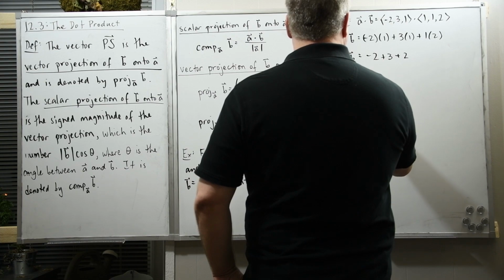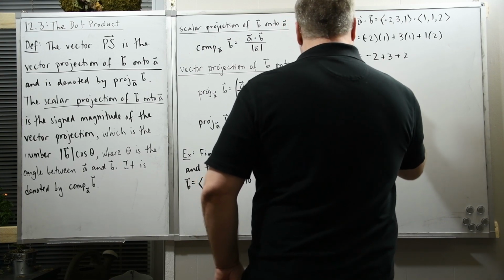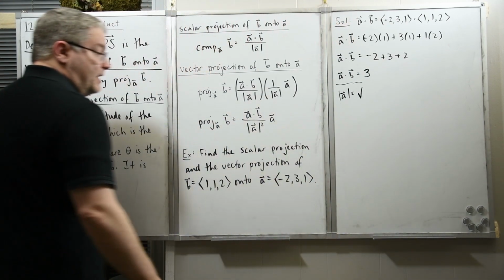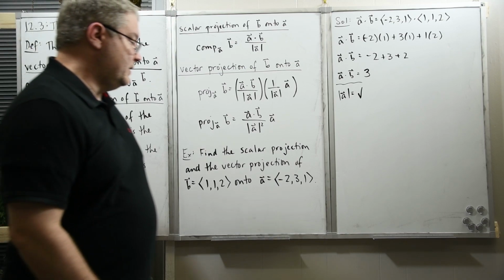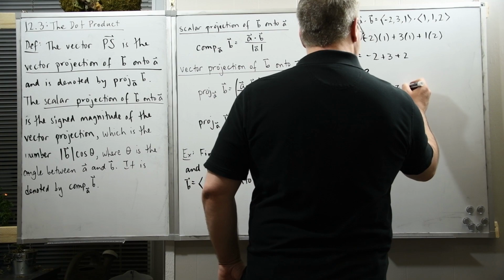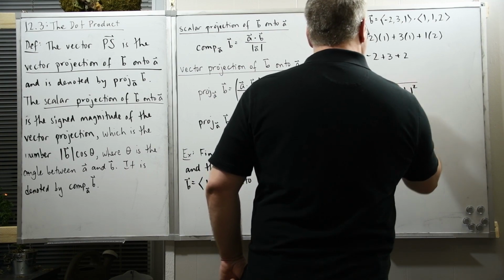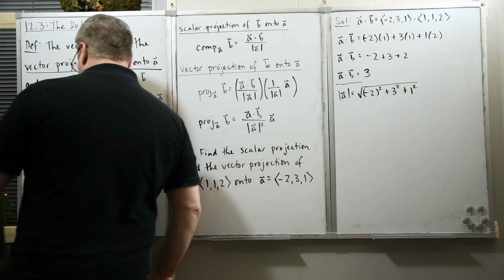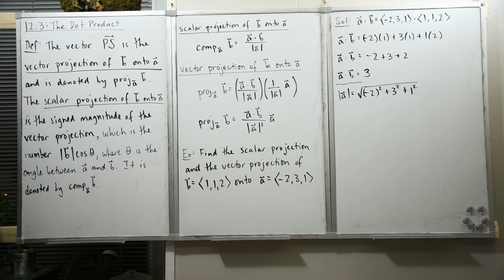Now, we also need to know something about the magnitude of a. The magnitude of a is the square root of the sum of the squares of the components of a. So the magnitude of a is the square root of negative 2 squared plus 3 squared plus 1 squared.